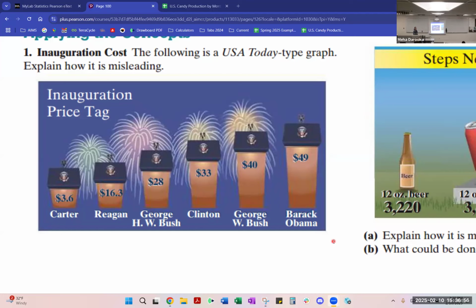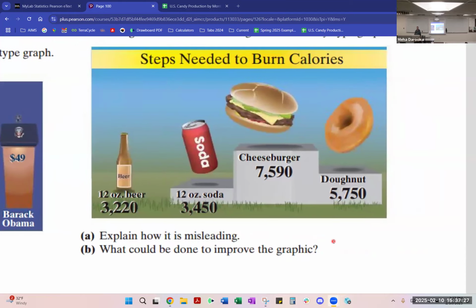But is it $3.60 for President Carter and $49 for President Obama? Is that in thousands, millions, billions? Are they telling us? So do we assume this was in millions or do we assume it was 3.6 thousand, which is 3,600? They're not telling you any of that.